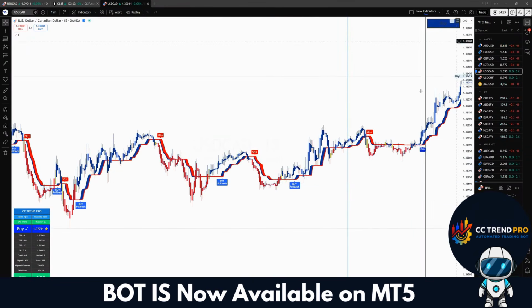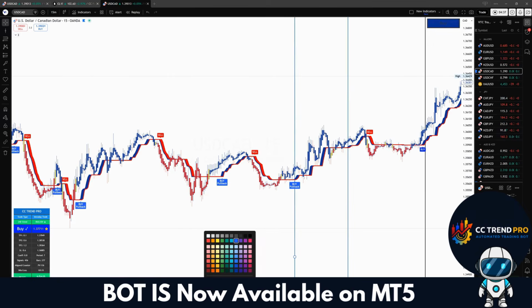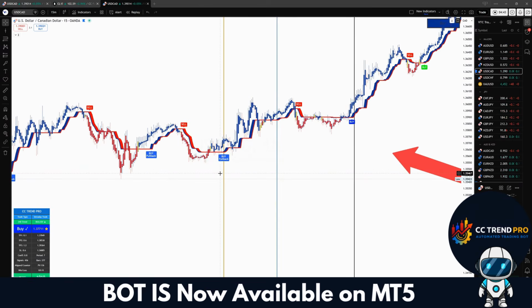Here on the 15-minute time frame, we had our buy pullback, so this would be our entry on the 15-minute time frame. Let's go ahead and change the color. So you got your 15-minute, you got the 1 hour, and you got your 4-hour entry.